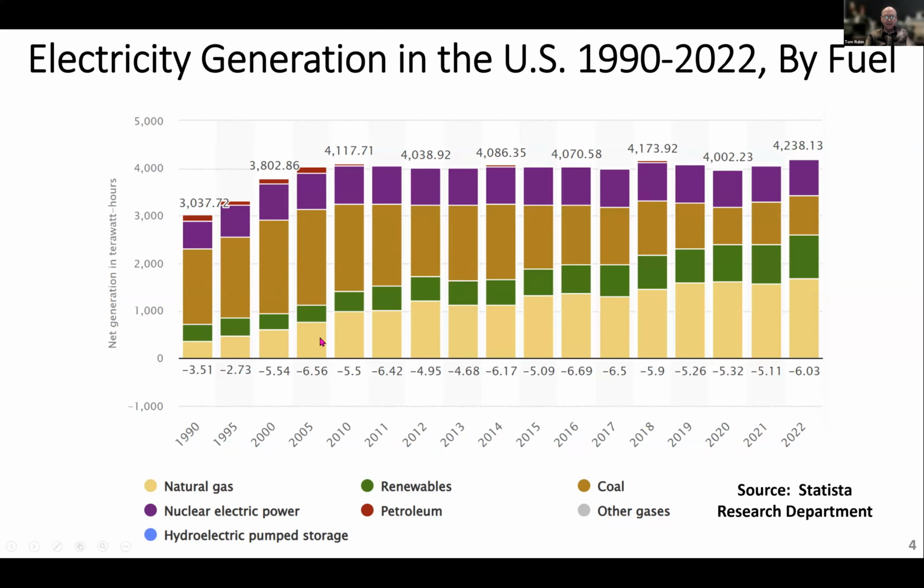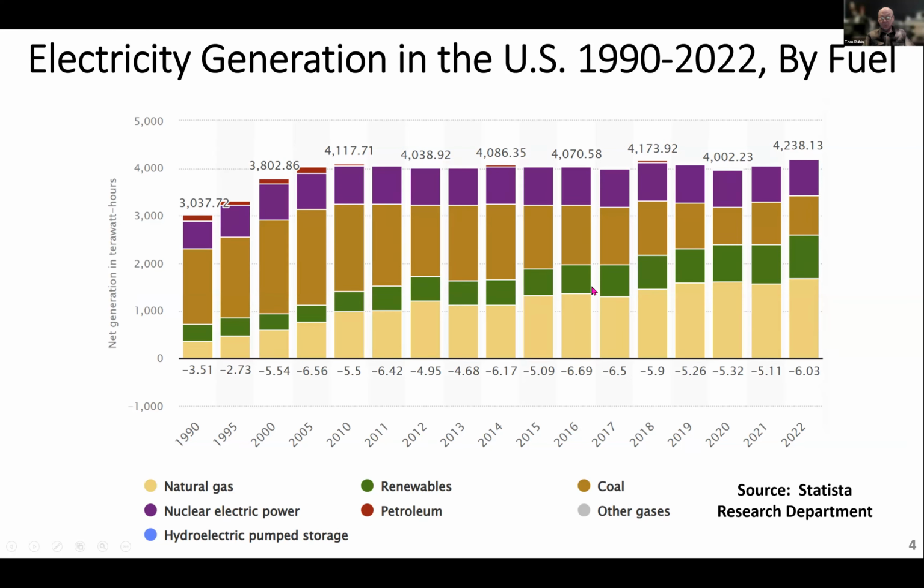And to a large extent, it's being replaced by natural gas at the bottom. This is driven to a large degree by fracking, which made natural gas far more abundant, and the U.S. is the leading producer of natural gas now, and the cost went way down, though it's gone up and down over time.